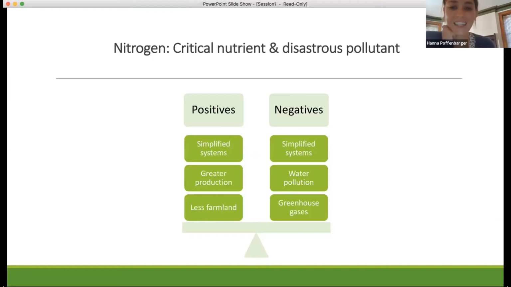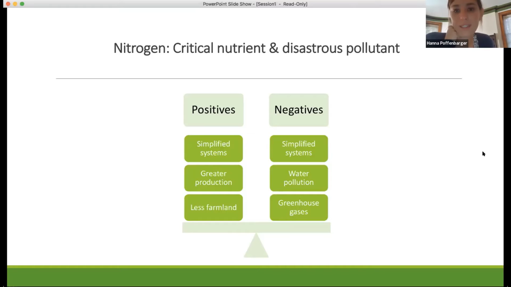But on the negative side, those simplified systems have led to environmental problems from erosion to herbicide resistance, and our use of nitrogen fertilizer in agriculture has led to water pollution, hypoxic zones, and contributed to production of N2O, which is a greenhouse gas. So we have some negatives that we need to address related to nitrogen.